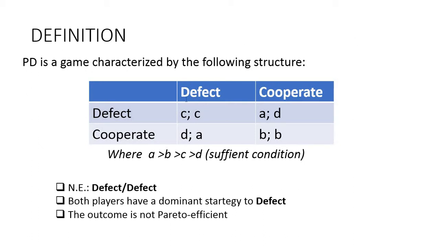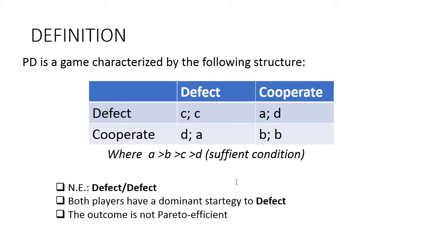So in this case, if we analyze Nash equilibrium, it's possible to improve the payoffs of both players simultaneously if we shift from defect outcome to cooperate outcome. Okay, so Nash equilibrium in this game is not Pareto efficient.